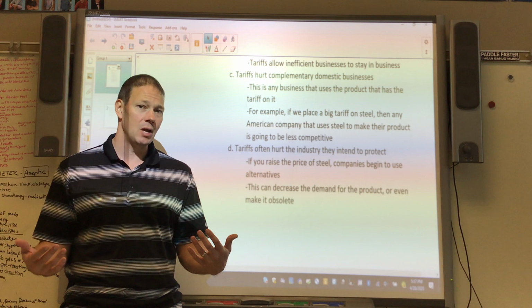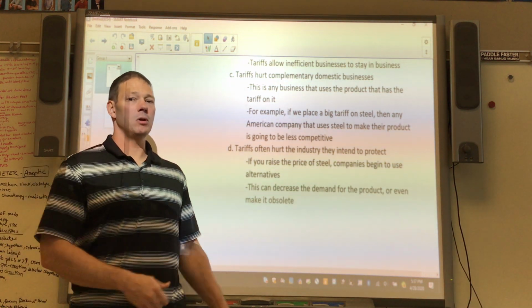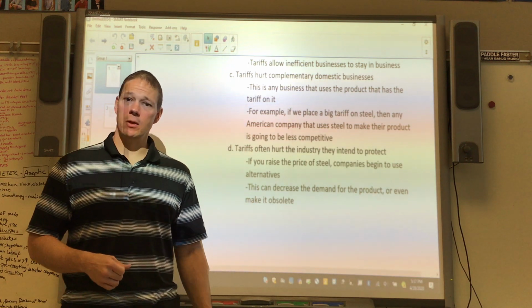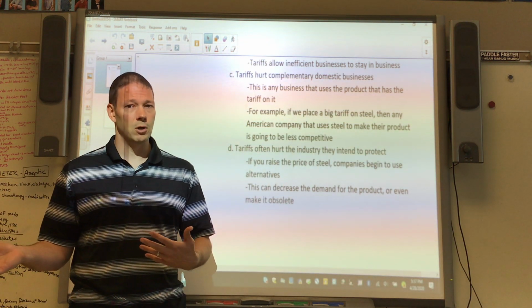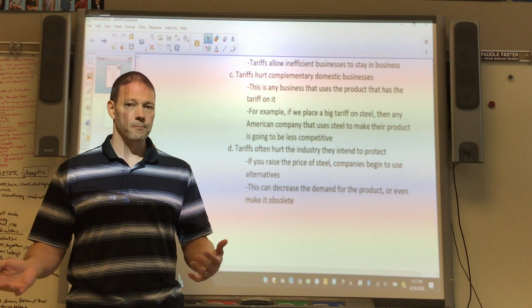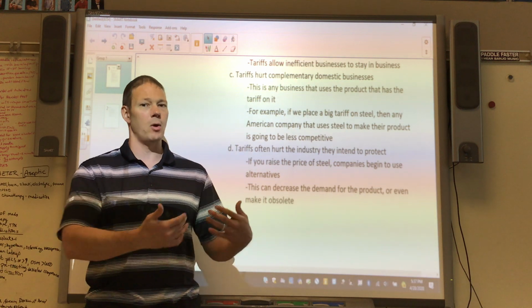What companies do sometimes, and this has happened many times historically, is they will switch to alternatives or substitutes. In other words, instead of using sugar, they switch to, say, high fructose corn syrup or some other form of sweetener. Instead of using steel to make cars, they start using plastics or alloys.